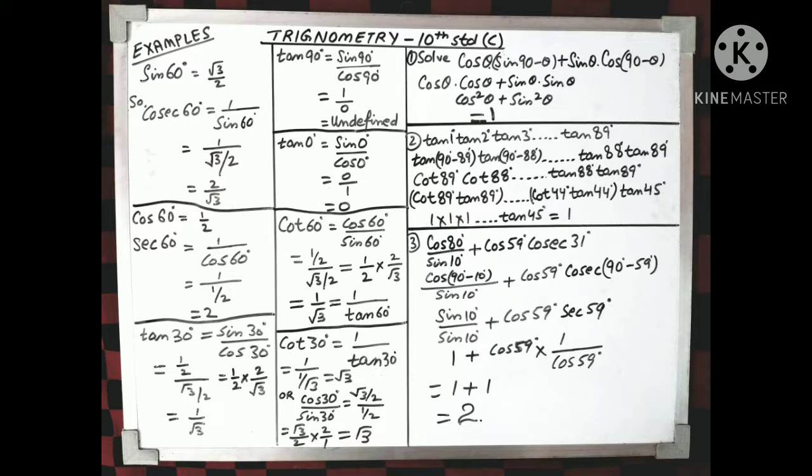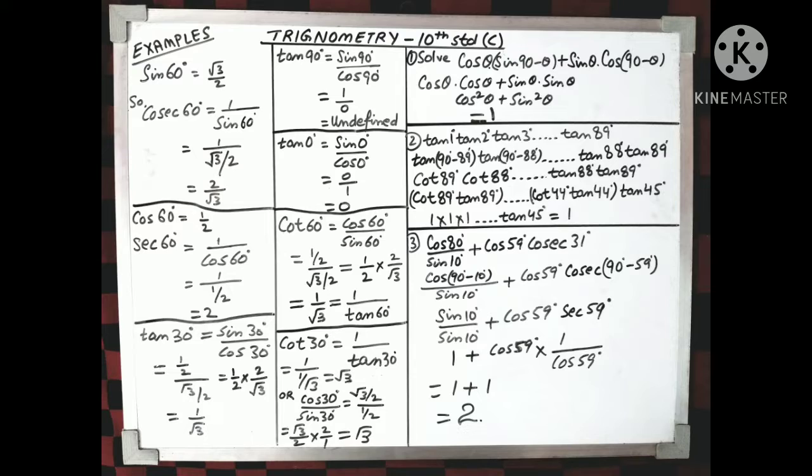So I get cos(90 minus 10) degree divided by sin 10 degree plus cos 59 degree and cosec(90 minus 59) degree, right? So I get cos(90 minus 10) is equal to sin 10, that is sin 10 degree divided by sin 10 degree, and cosec(90 minus 59) degree is equal to sec 59 degree, right?